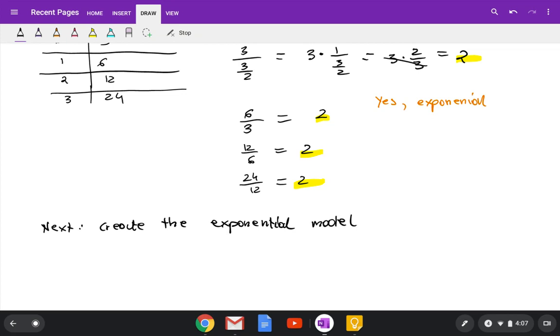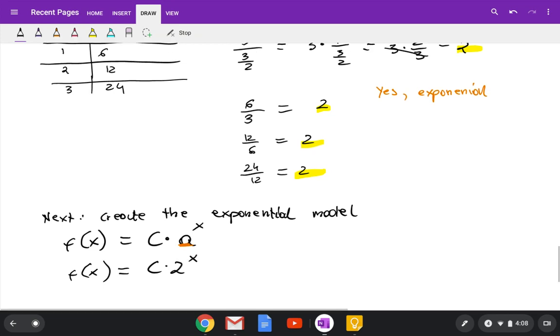The exponential model is f of x equals c times a to the power of x. At this moment, we know a is equal to 2. By finding the ratio of two consecutive outputs, you're always going to get the base.